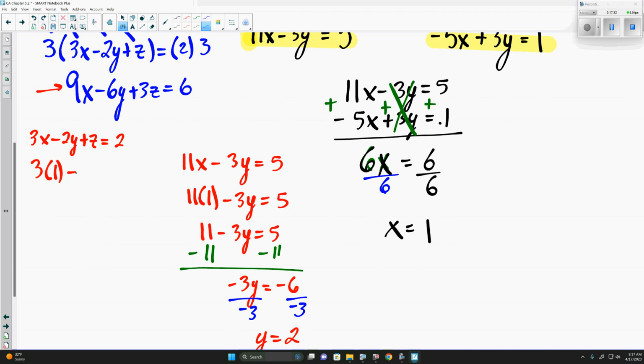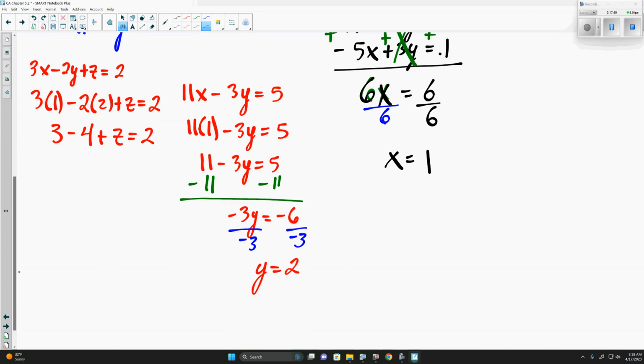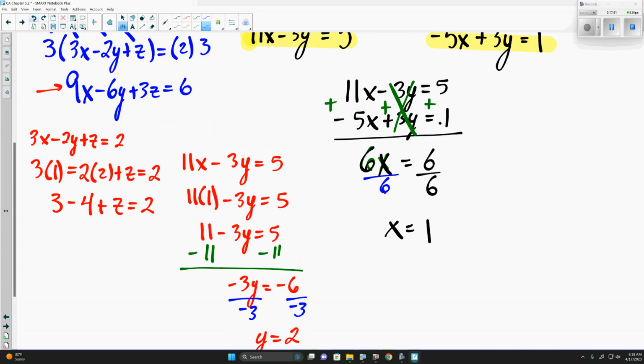So we'll have 3 times 1 minus 2 times 2 plus z is equal to 2. 3 times 1 is 3. 2 times 2 is 4. Well, 3 minus 4 is negative 1. Plus z is equal to 2. Plus 1, telling us z is 3.